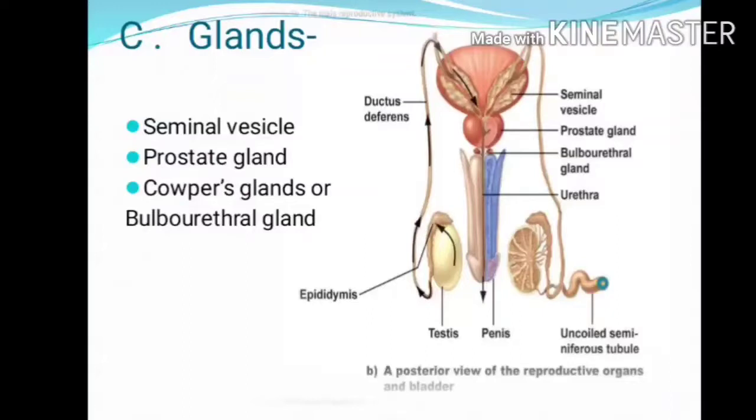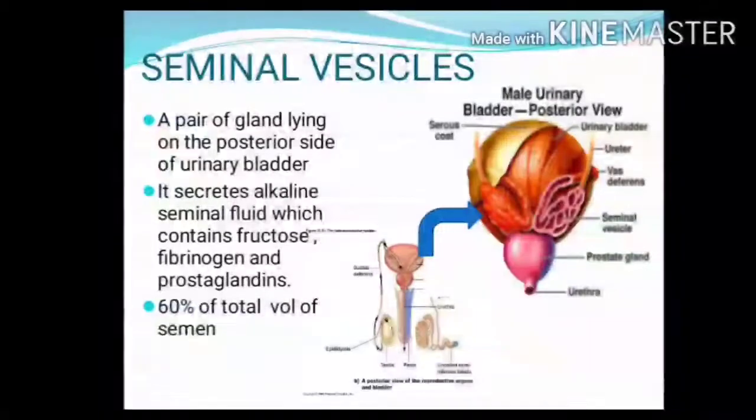There are three types of glands present in the male reproductive system. The first gland is known as the seminal vesicle. You can see in the diagram also, it is a pair of glands lying on the posterior side of the urinary bladder.